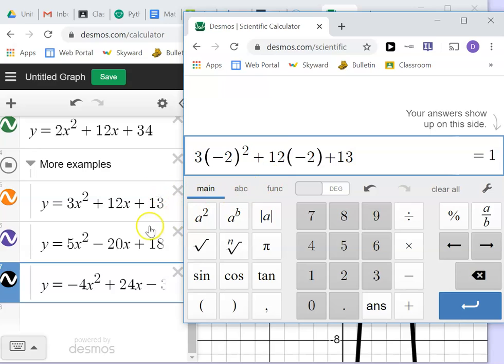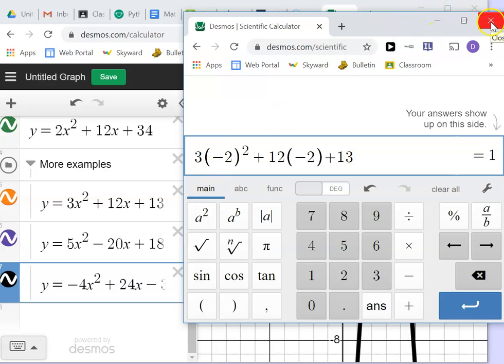So again, I was putting in the -2 that I found from cutting this in half, making it negative, and dividing by this. I put that number back in here for x, and that got me 1. So I could have written this equation right here in vertex form without having to graph it.